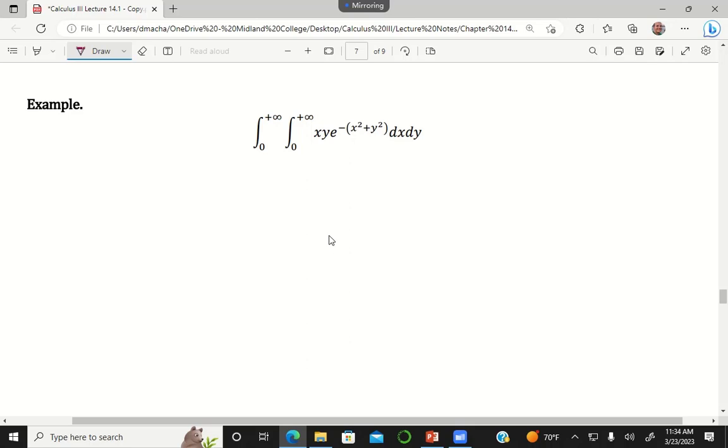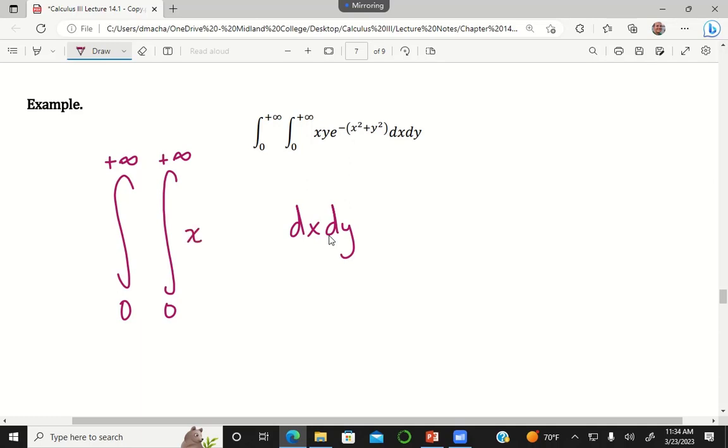Okay, so here, this time again, we've got a function of two variables as my integrand, and I'm going to integrate this function over this region in the xy plane. And here's my function of x and y.